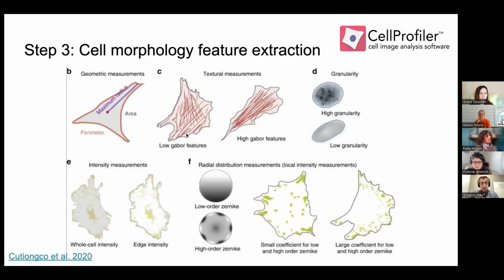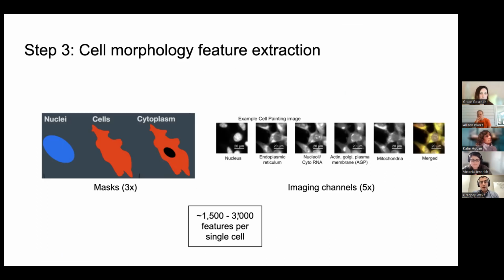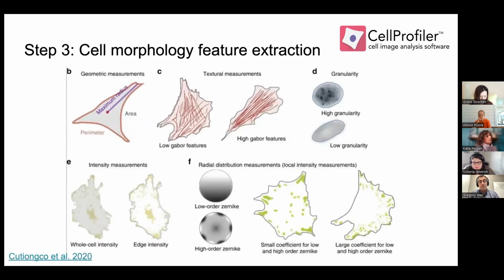So like Grace clarified, the purpose is to extract these features from the different imaging channels, so that these features will be able to inform and tell us something about the ER or about the mitochondria. And what they're going to tell us are things like geometric measurements and texture-based measurements.